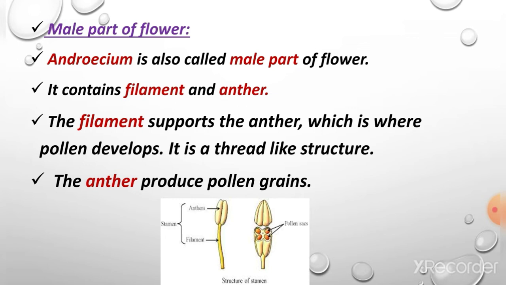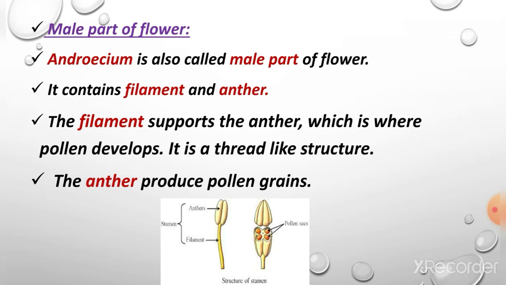So androecium is also known as the male part of a flower. It contains filament and anther. The filament is the thread-like structure where pollen develops. And the anther produces pollen grains. It is mainly important for the pollination process.